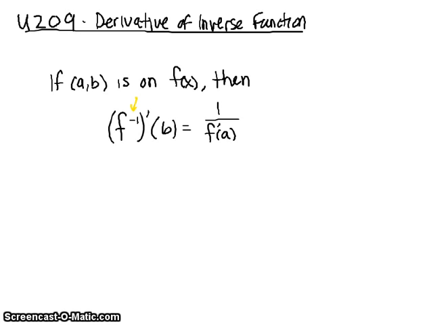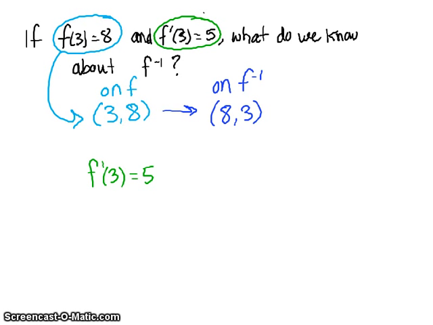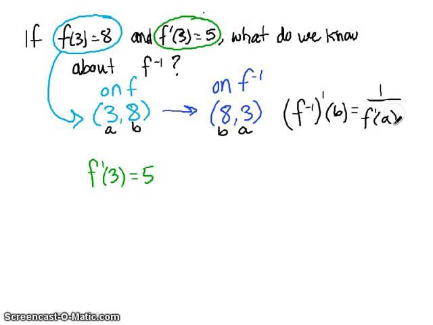So if we're thinking about the problem we're on now, this 3 would be our a, this 8 would be our b. So our rule says f inverse prime of b is equal to 1 over f prime of a.